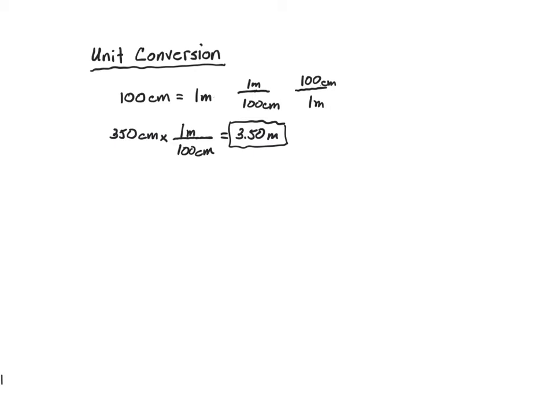So if I had, say, 5.68 meters, and I want to convert that to centimeters, I would use the other version of the conversion factor, which puts the units that we want on top, which is the 100 centimeters, divided by 1 meter. And what we wind up with here is 568 centimeters.